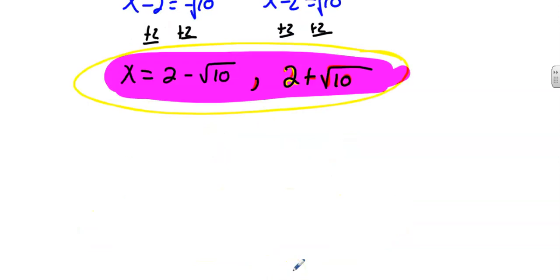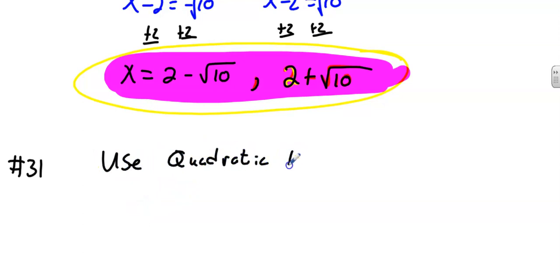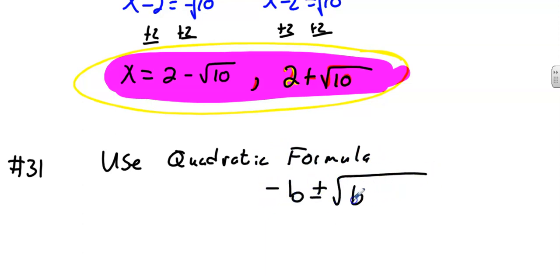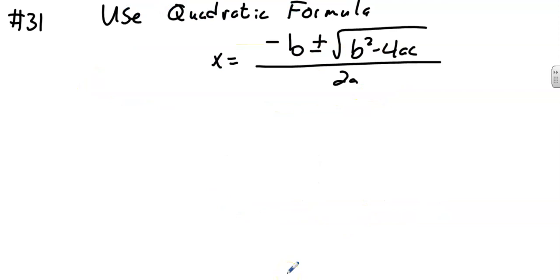Okay, so they go from solving by square roots to using the completing the square. The last handful of problems with 31, they tell you to use the quadratic formula. Which is negative b plus or minus square root of b squared minus 4ac, all that's over 2a.